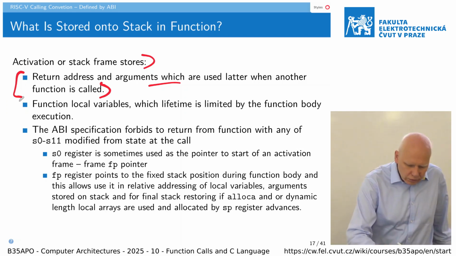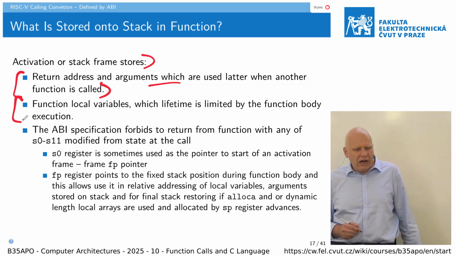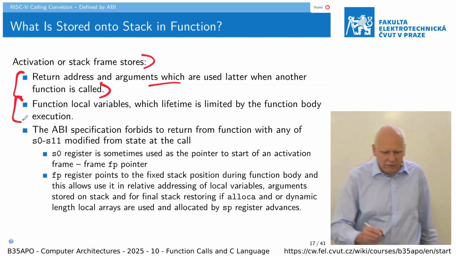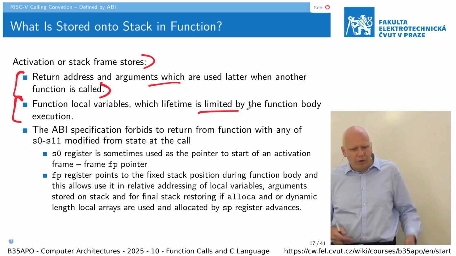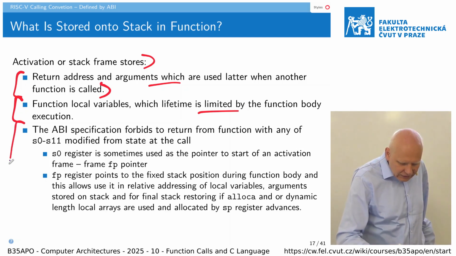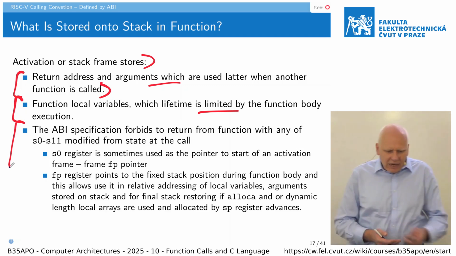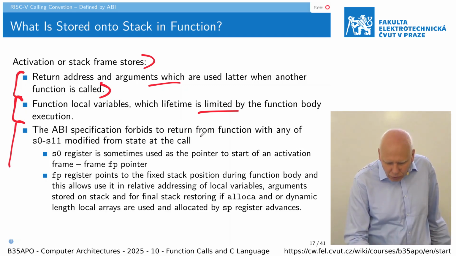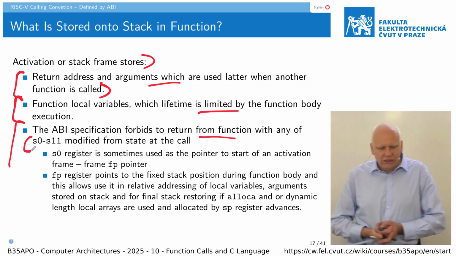We can use the stack to store function local or automatic variables, whose lifetime is limited by the function body or even by some block. And the ABI forbids modifying the values of some other registers.